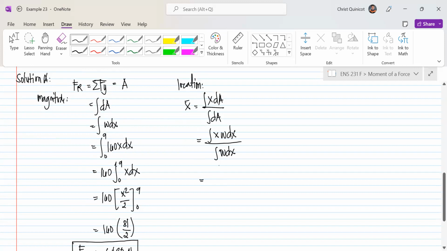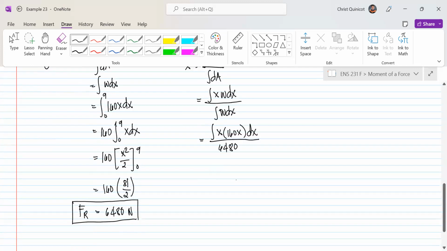So this is the integral of x times 160x dx divided by 6,480, right? Because again, we are still evaluating it from 0 to 9.